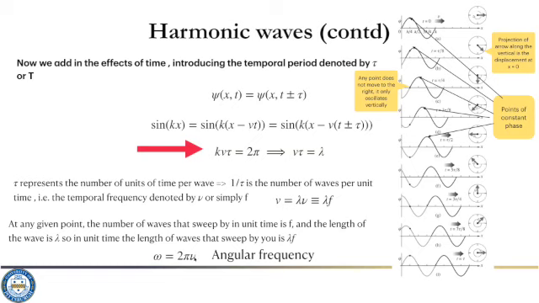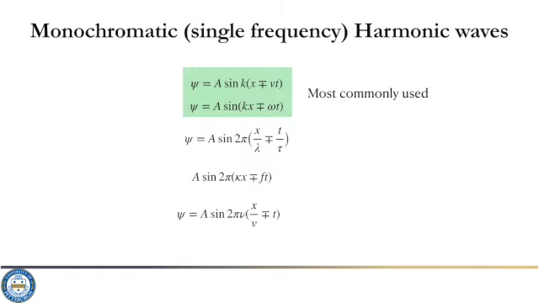You can also define the angular frequency, just like k was the angular propagation number or angular wave number. We can define the angular frequency as 2 pi times this regular frequency f or nu. Okay, so 2 pi nu or 2 pi f is the angular frequency of the wave.